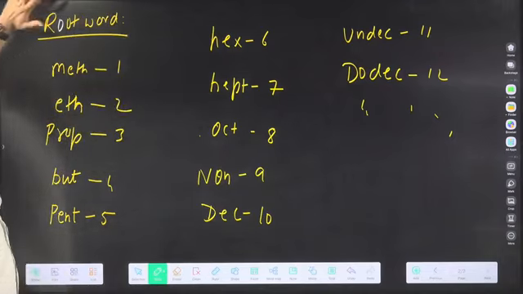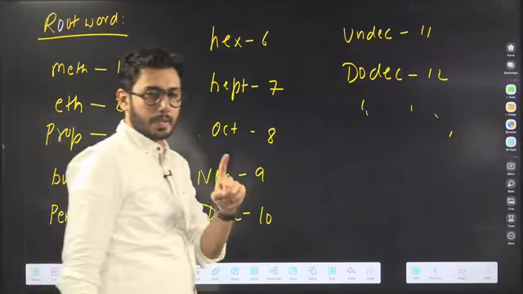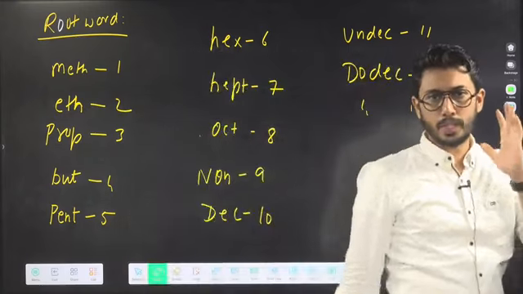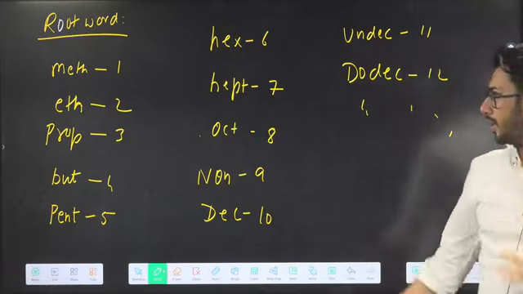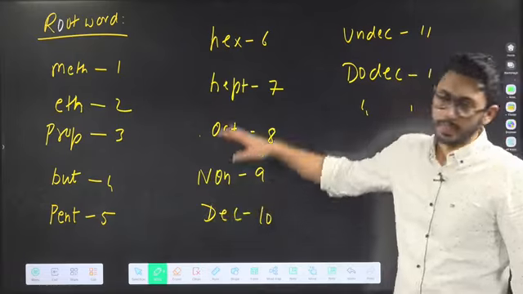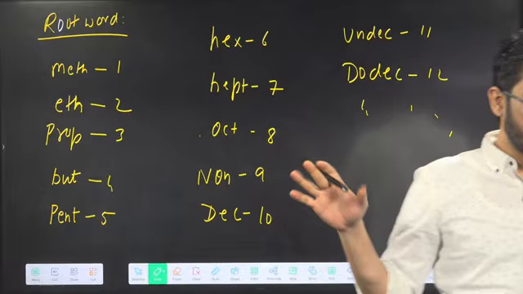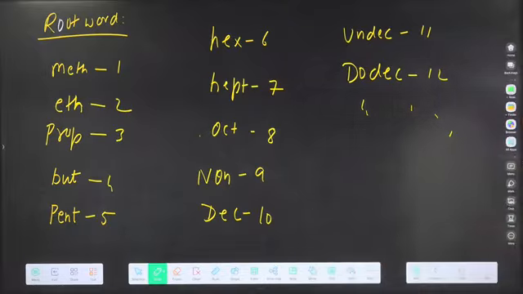So this is the root word use. If one carbon is present in the parent chain, meth. If two carbons are present in the parent chain, eth, and the same pattern we will follow. Mostly you get questions within 10. Beyond it is not useful, so only mark in the NCERT wherever something is given.